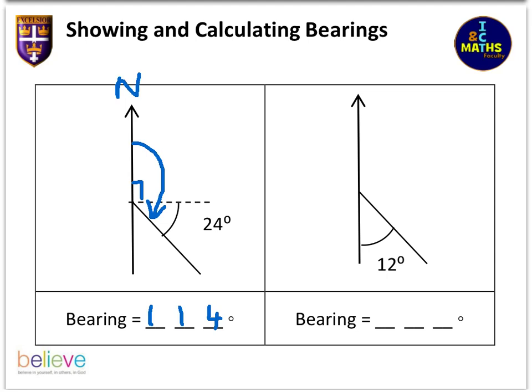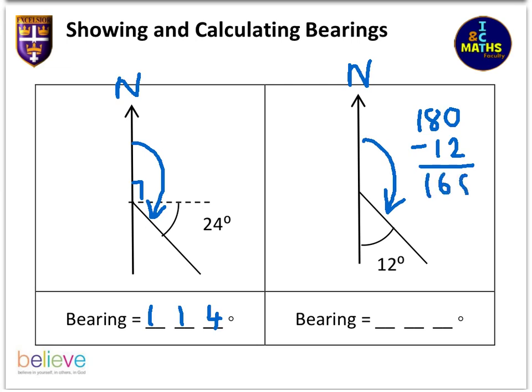And on the second example, again from north, measured clockwise, you can see that that's the angle I'm interested in, that's the bearing, and the bearing itself I'm going to have to work out, and it will be 180 take away 12, because a straight line would be 180, and 180 take away 12 will give me the bit that I want. So I'm left with 168, and that's already got 3 figures, so that will be my answer.